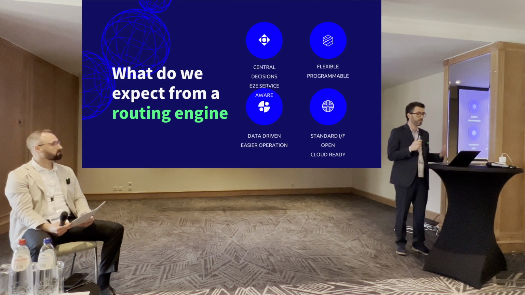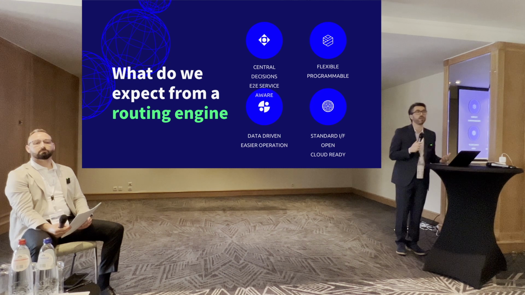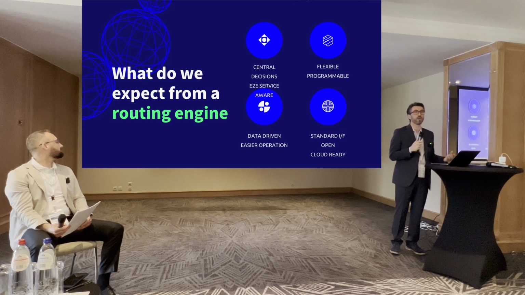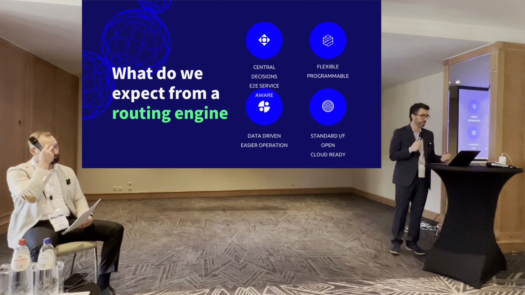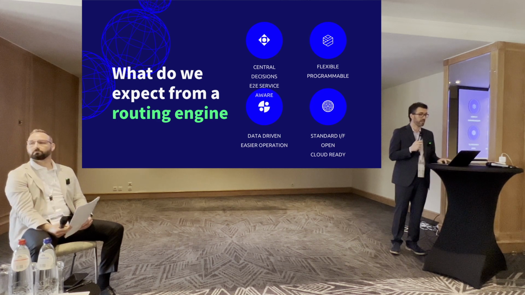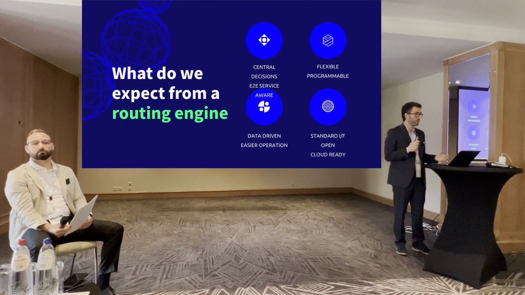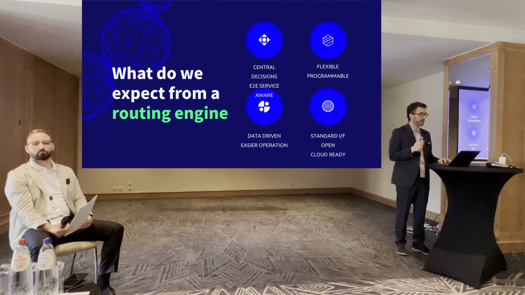So here the key is programmability. We need to be able to react to new requests in a timely manner, in a way that will not limit our time to market. So flexibility is good. Sometimes it's not enough. So we really think that programmability is the way to go in the routing layer.